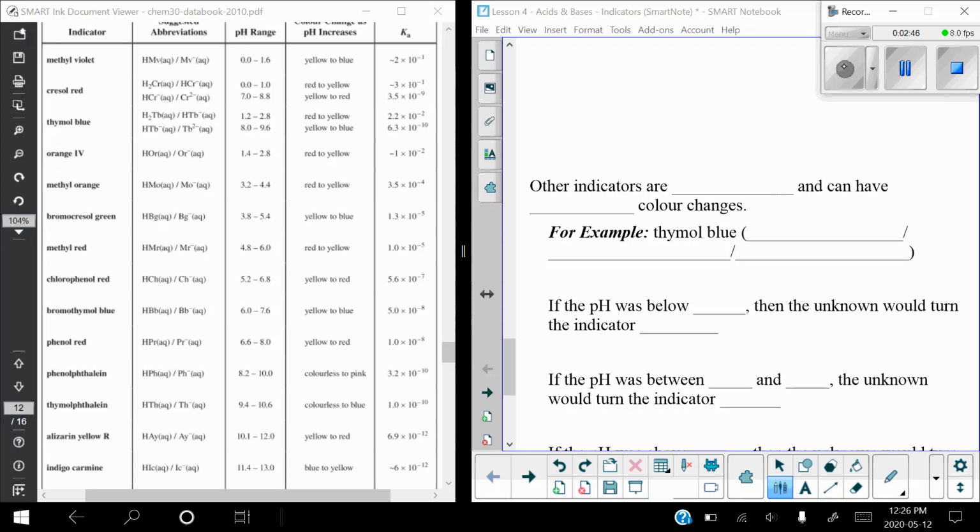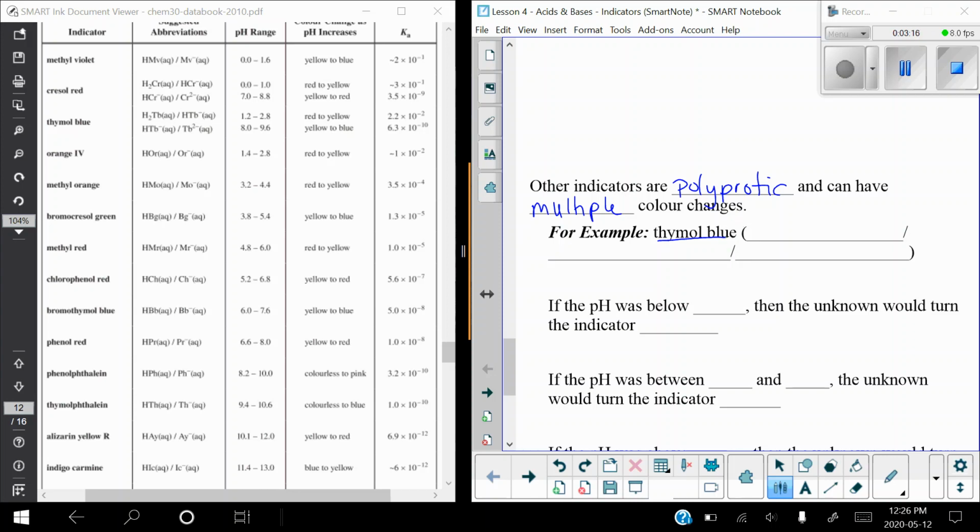We'll notice that other indicators are polyprotic. That just means that it has multiple hydrogens, and that means that they can have multiple color changes. For example, thymol blue is a very common indicator.